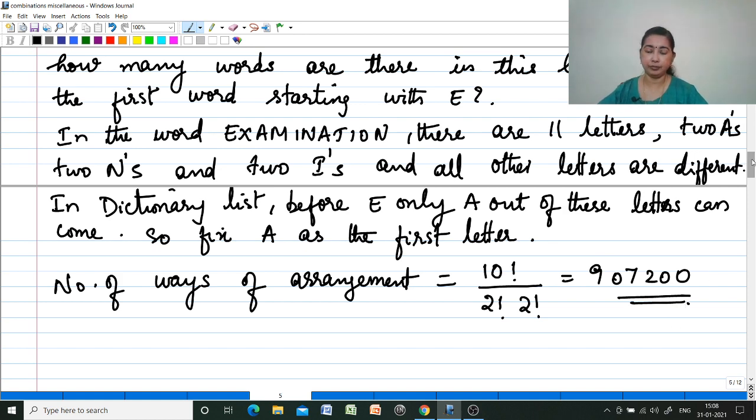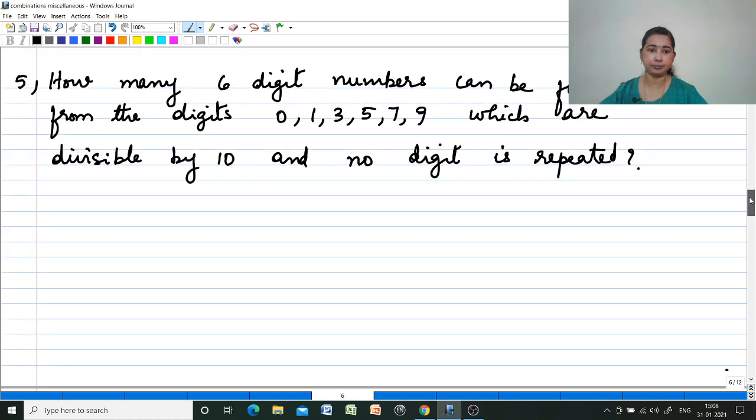Okay. So now next one, how many 6-digit numbers can be formed from the digits 0, 1, 3, 5, 7, 9 which are divisible by 10 and no digit is repeated. So we have to make 6-digit numbers, and any number divisible by 10 will have 0 in the unit place.